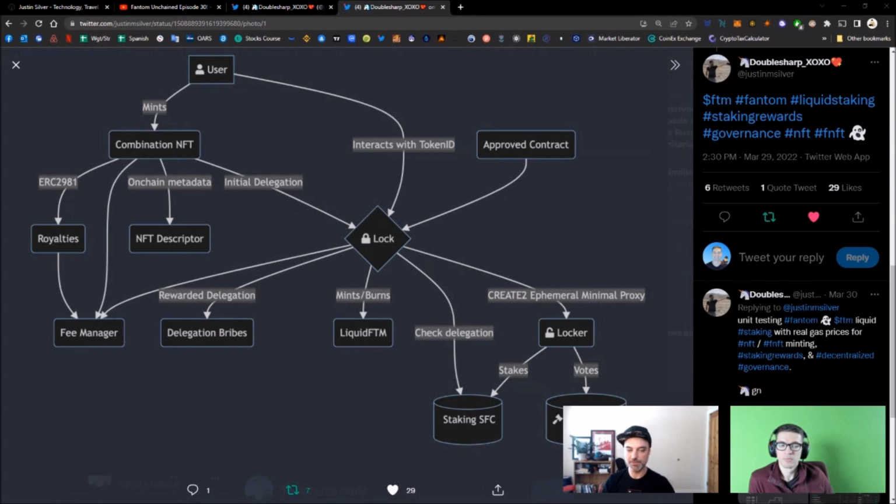So in this case, your address is allowed to vote because you have delegated a stake on the SFC. It could be another contract that your locker has permission to access for whatever reasons. So it might be that you're selling access to something through an NFT.